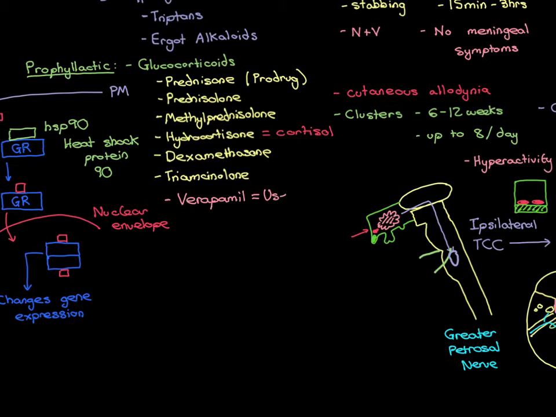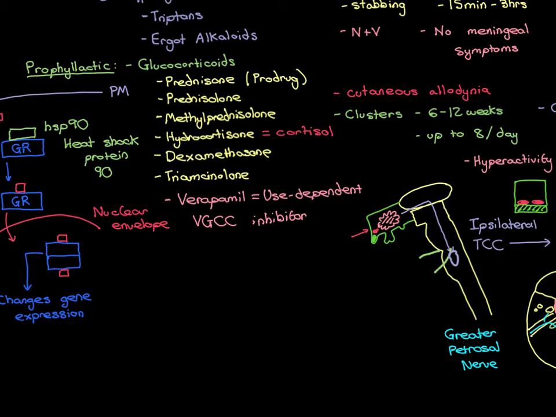It is a use-dependent, and now you're probably expecting me to say voltage-gated sodium channel inhibitor. I'm not. It's a use-dependent voltage-gated calcium channel inhibitor, or a use-dependent voltage-gated calcium channel blocker.